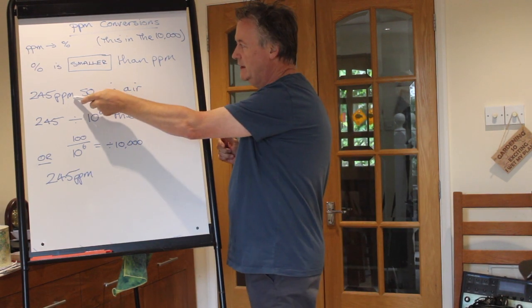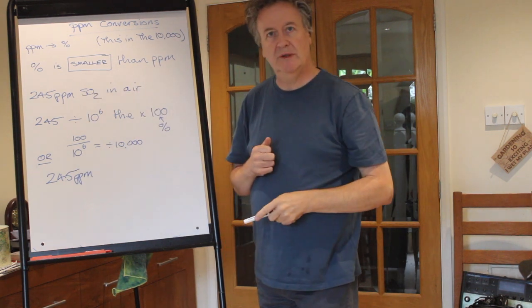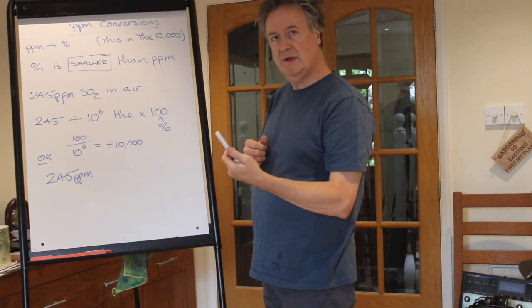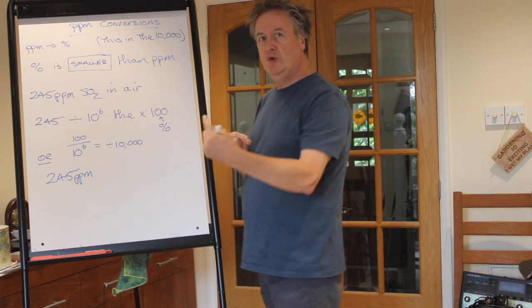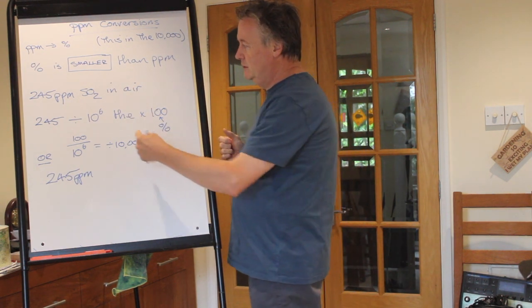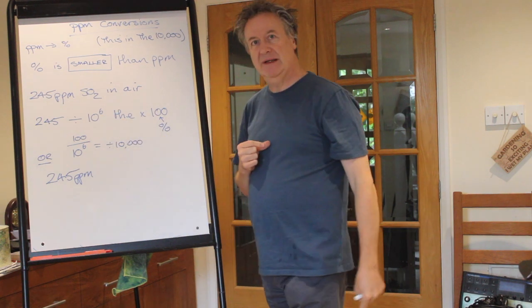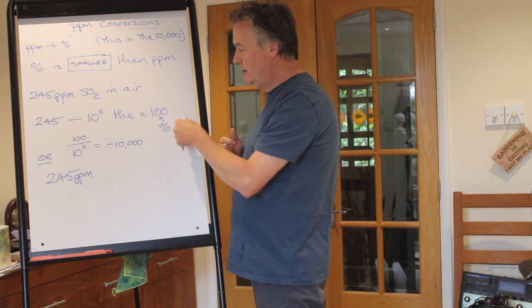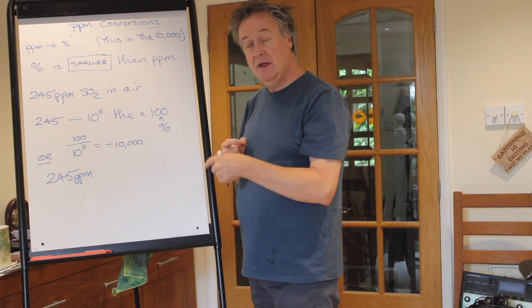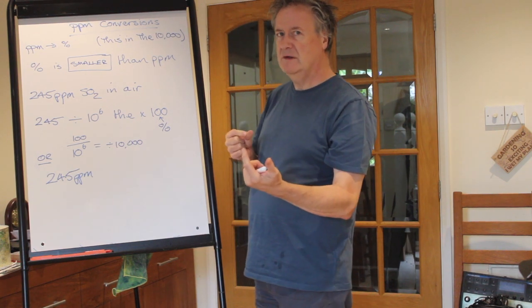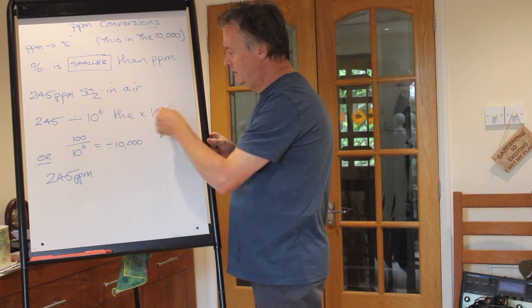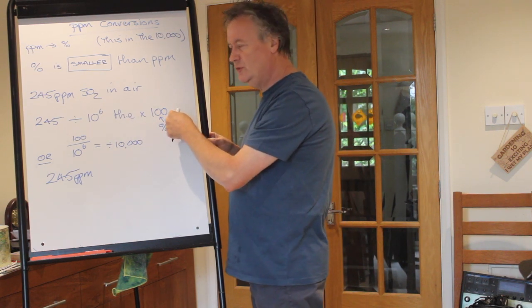So when we do this one here, the percentage value will be much smaller, it'll be 0 point something in the end. Now, in order to convert it, what you do is this: you divide by a million, which is 10 to the 6, and then multiply by 100 to get the percentage. Because percentage is just parts per 100. So kind of the same idea. So you're doing 10 to the 6 and then 10 to the 2.